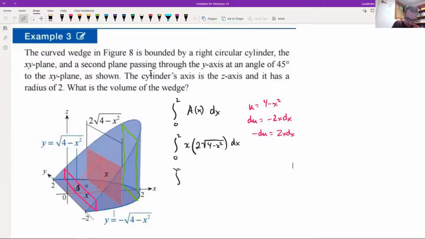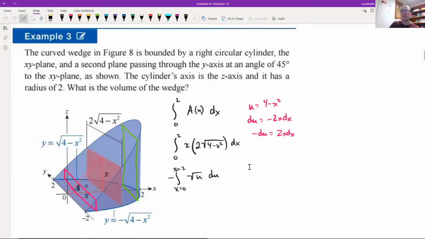I haven't figured out what the bounds are yet, so I'm just going to write x equals 2 and x equals 0 to remind me that I haven't changed those yet. But that allows us to substitute in du for 2x dx. And we just have a minus sign to bring in. And then we have the square root of u du as the integral that we need to solve here.